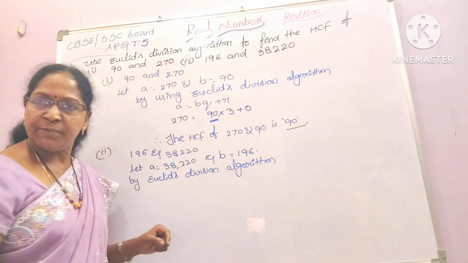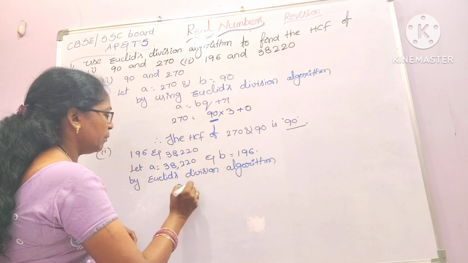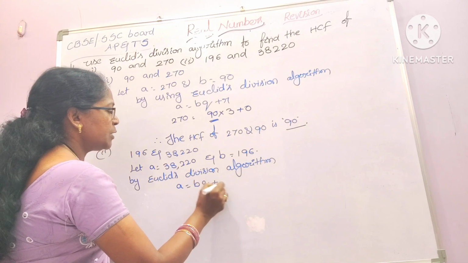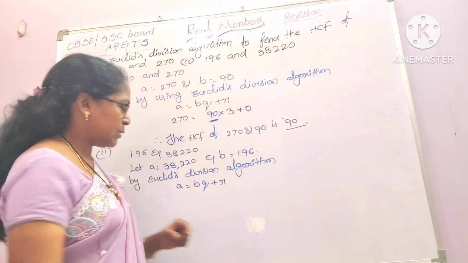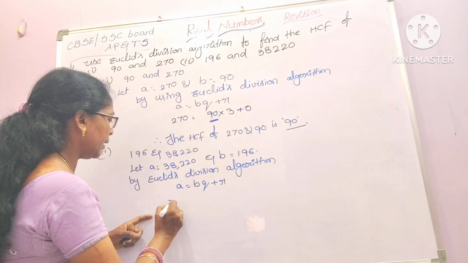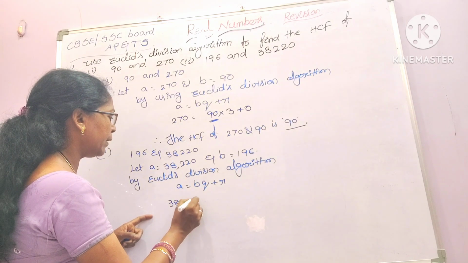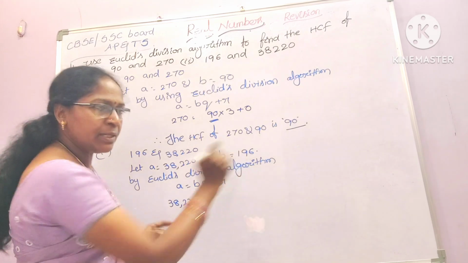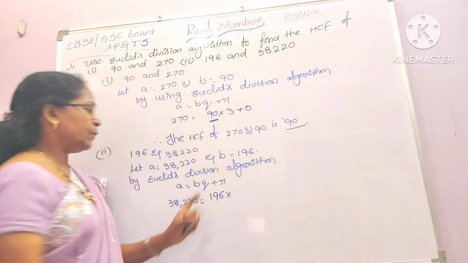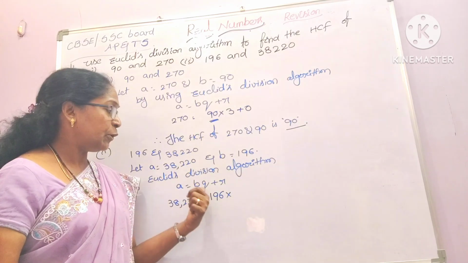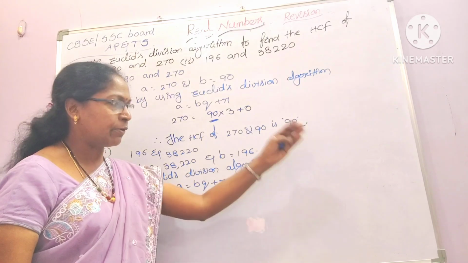What is Euclid's division algorithm? A equals BQ plus R. First you write the formula. In this formula you have to substitute the given values. Where A equals 38,220, B equals 196, into Q plus R. You have to find what Q and R are.